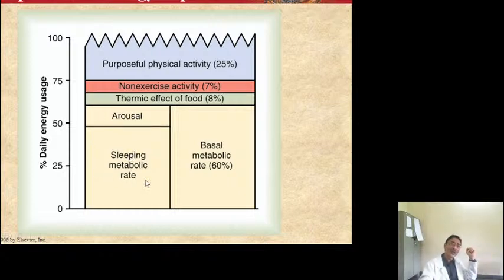So the majority of the energy is used to keep the body condition within the normal limits. A part of it is used for the thermic effect of food, that is the heat which is generated in the body during the food process, somewhere around 8%. Non-exercise activity like simply sitting down, simply standing or simply lying down, that also is an exercise in the body, and that utilizes 7% of the total energy.